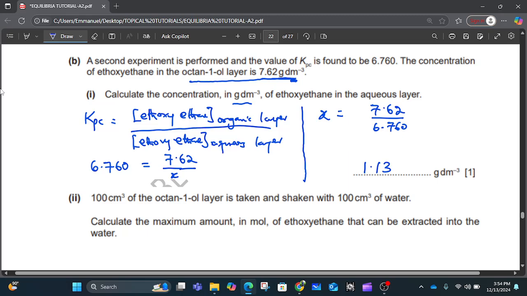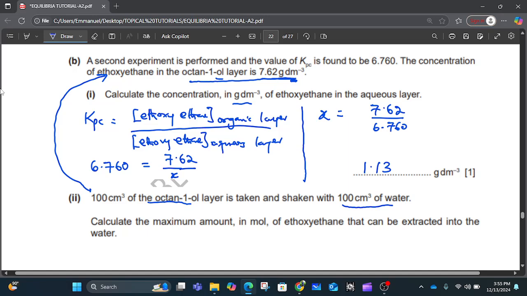100 centimeter cube of the octan-1-ol layer is taken and shaken with 100 centimeter cube of water. Calculate the maximum amount in mole of ethoxyethane that can be extracted into the water. So in this question, 100 centimeter cube of the octan-1-ol layer from B was shaken with 100 centimeter cube of water.